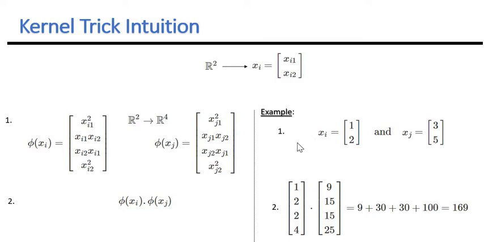Then I want to know how exactly are these 2 points going to be projected from each other. So we provide the dot product, in which we say between the two vectors, 1 times 9 plus 2 times 15 plus 2 times 15 plus 4 times 25.